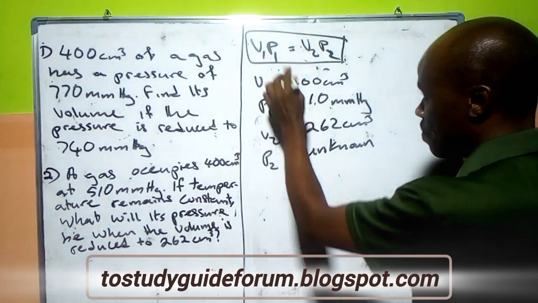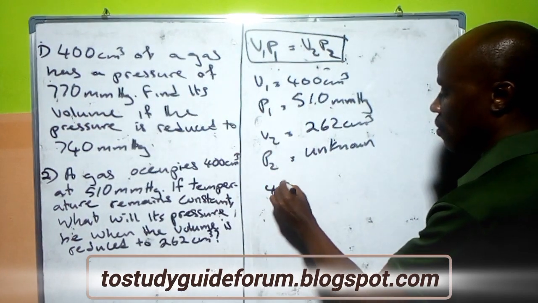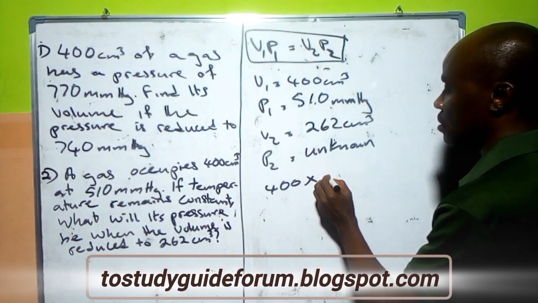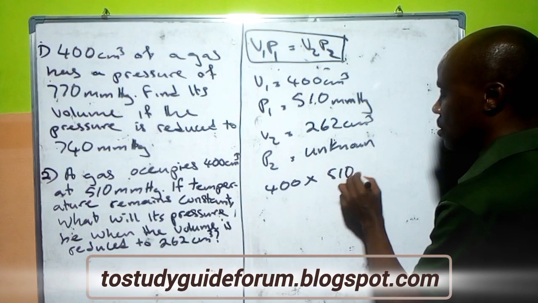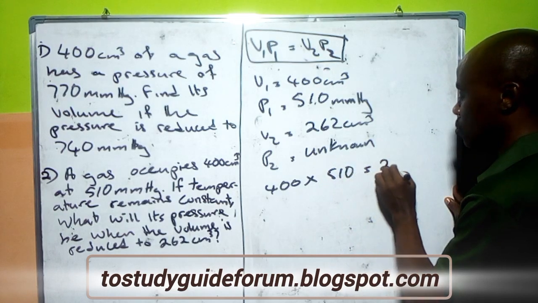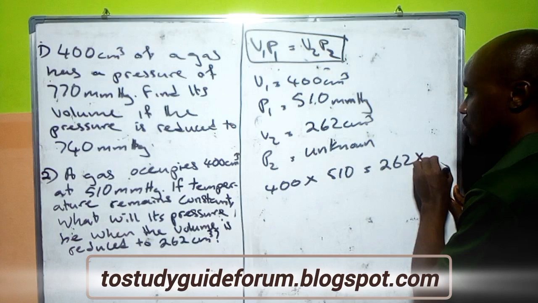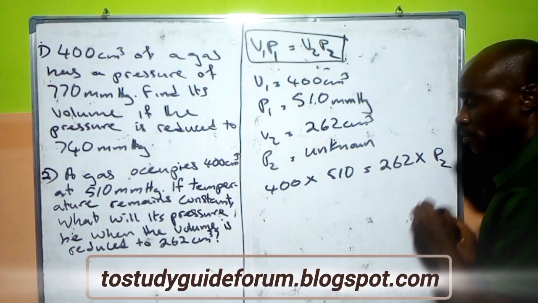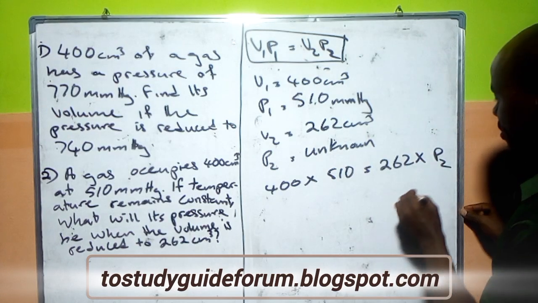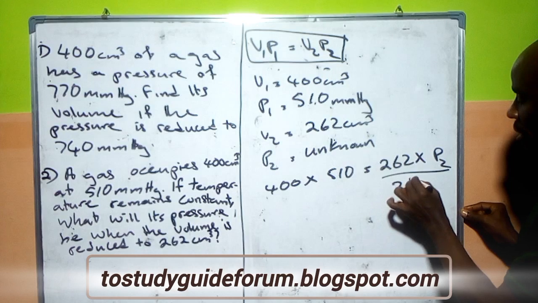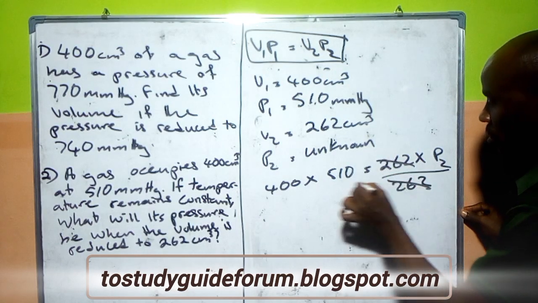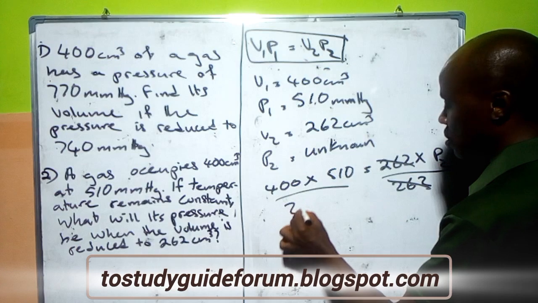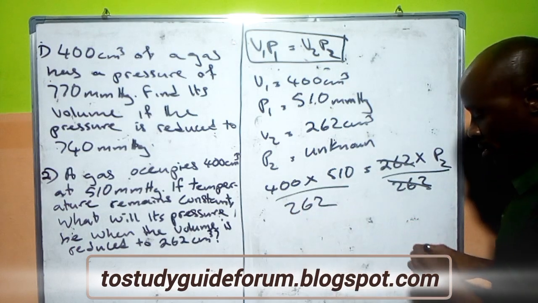Substituting each of them, we have 400 times 510 is equal to 262 times P2. If we divide both sides by 262, this will go, then 262 dividing here.